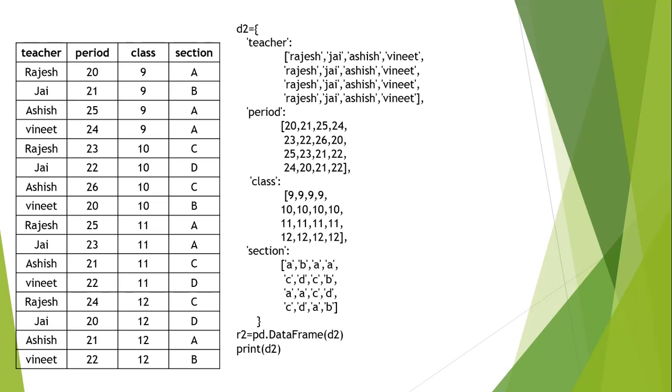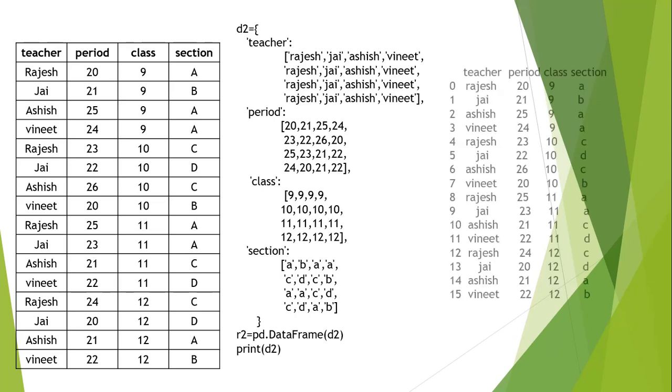If we print R2, we will have something like this. We can see this whole data frame has been created according to the given table of data.